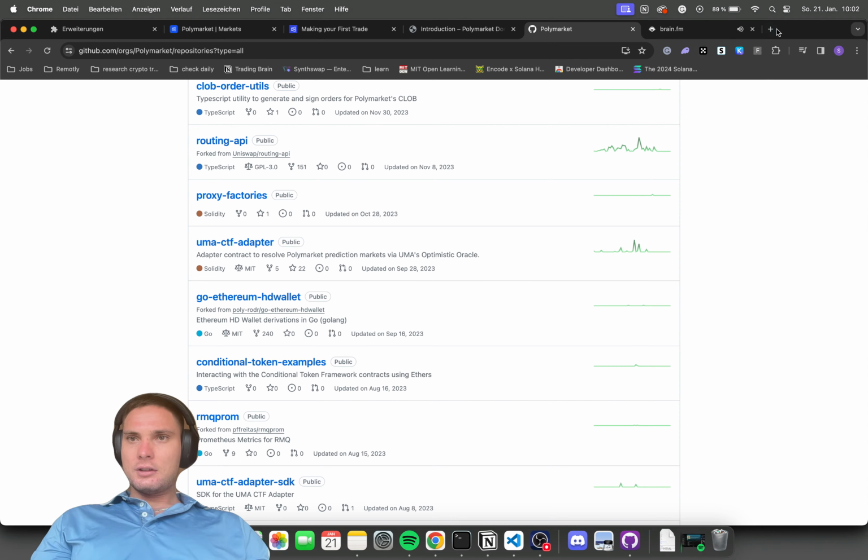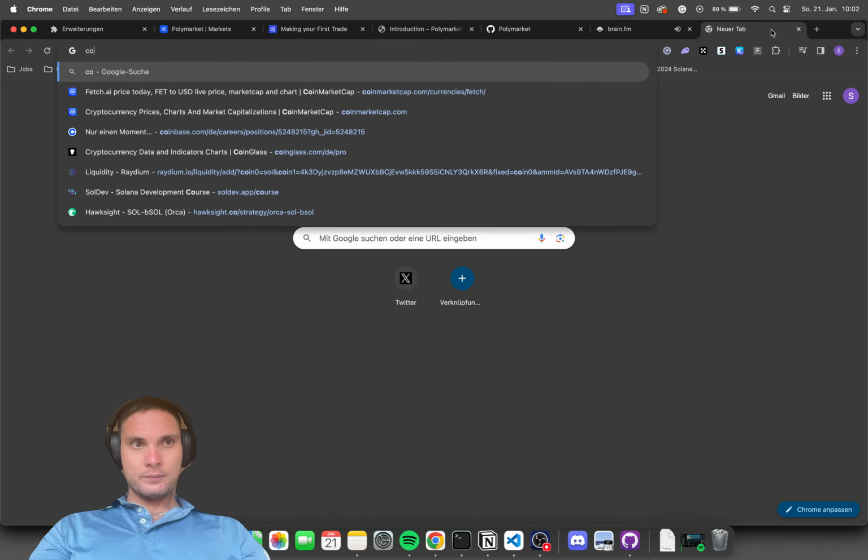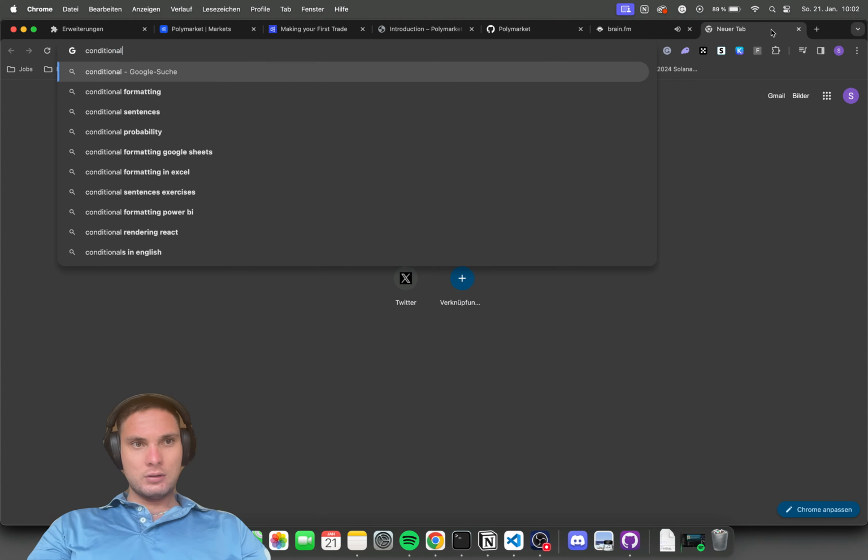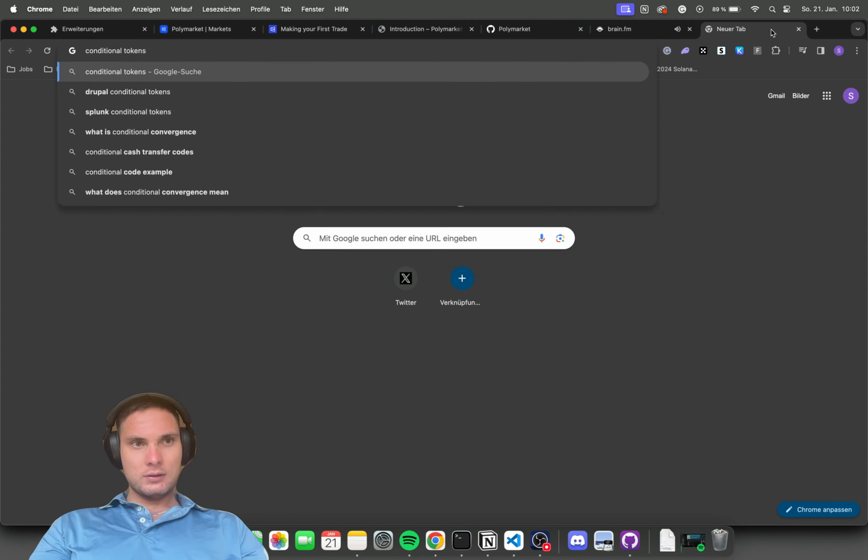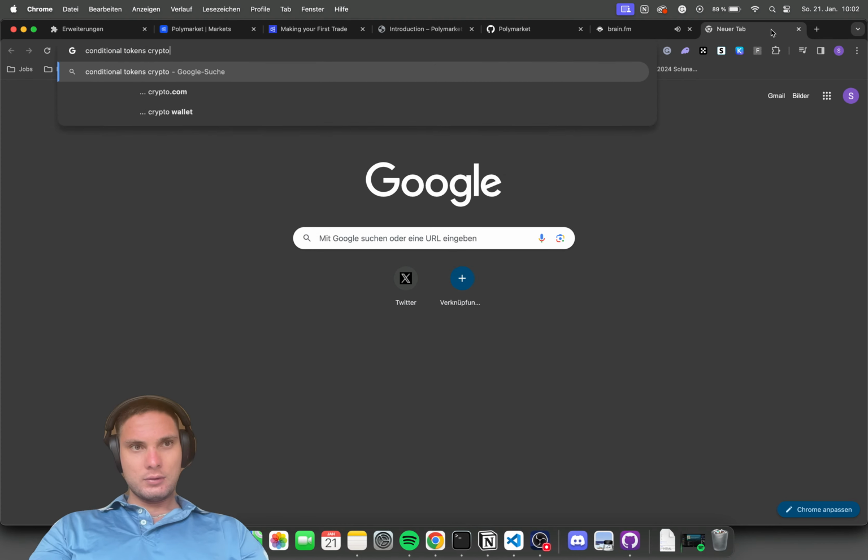What are conditional tokens? Conditional tokens, crypto.